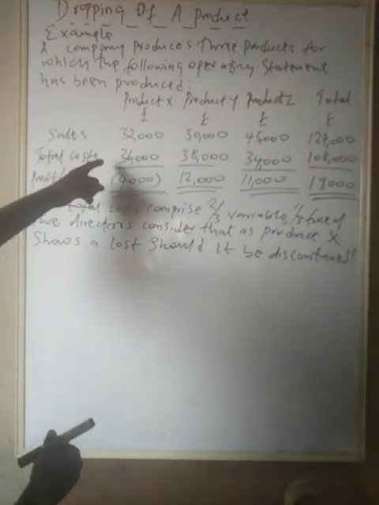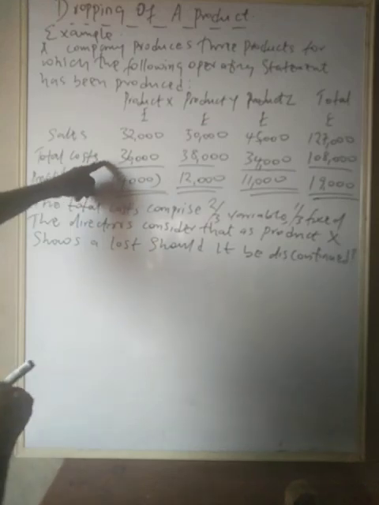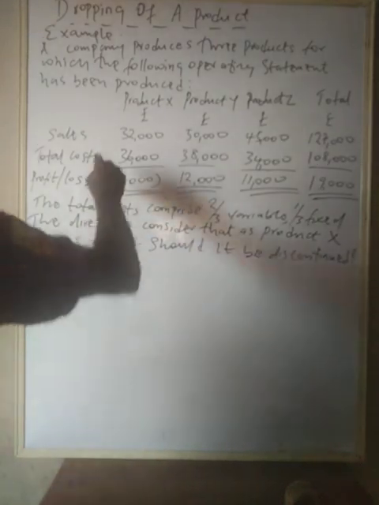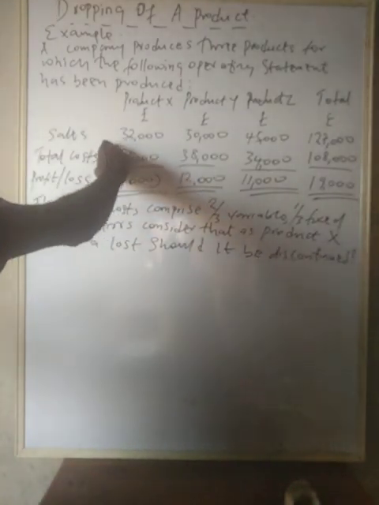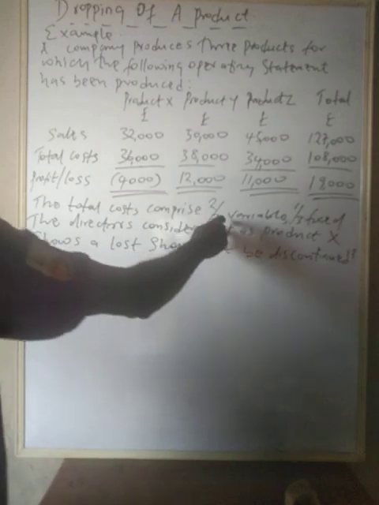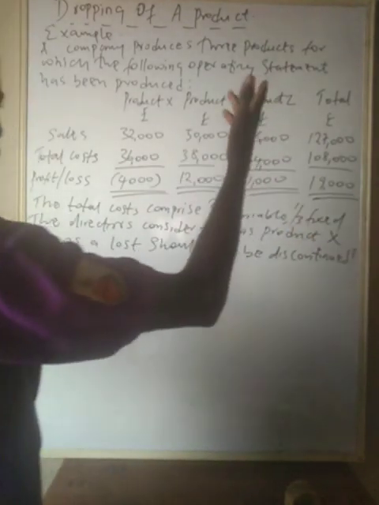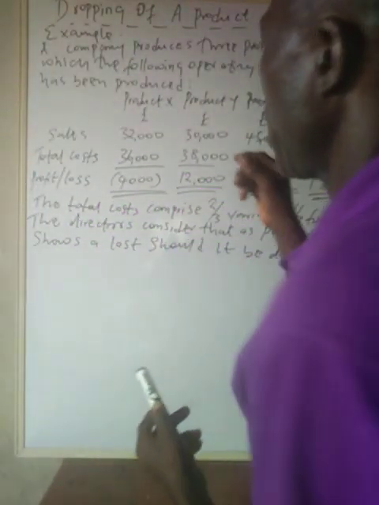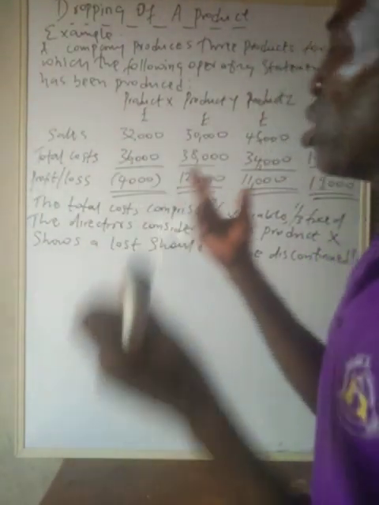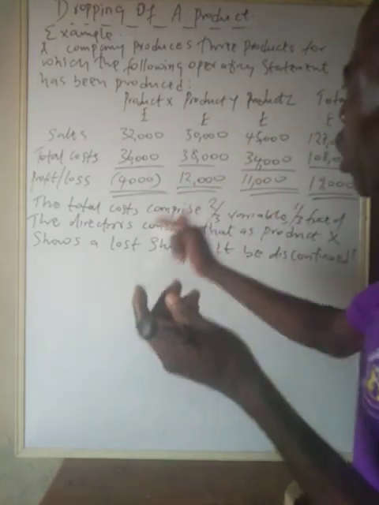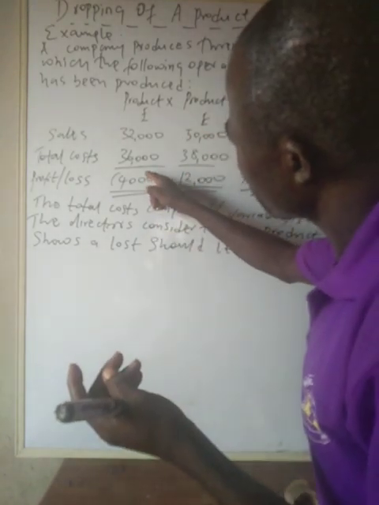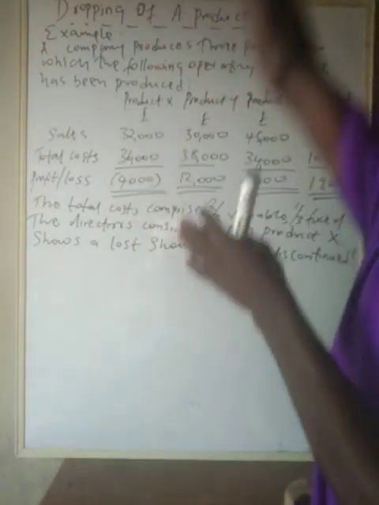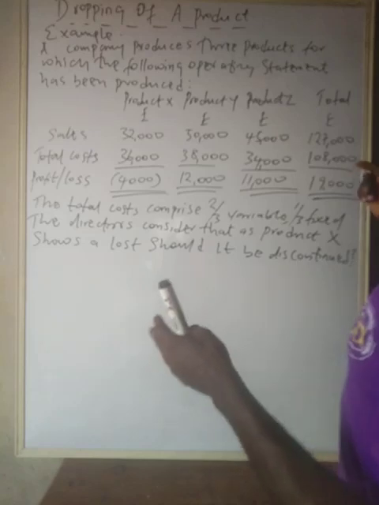According to the question, total cost comprised 2/3 variable and 1/3 fixed, so we are going to analyze this into the variable and the fixed cost. If you have a positive contribution, the company should continue, because the contribution from product X will shoot up the overall net profit.